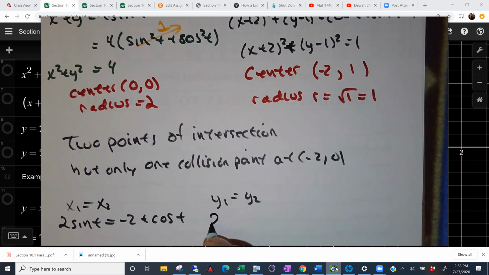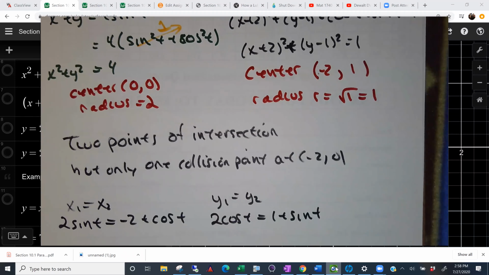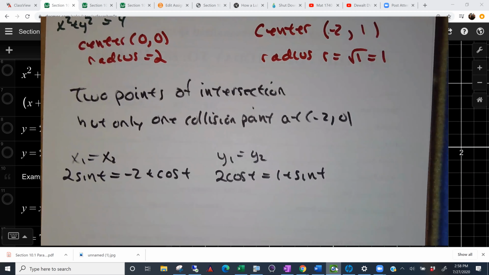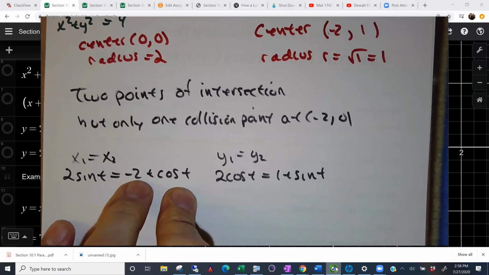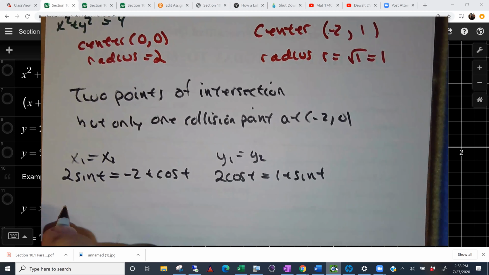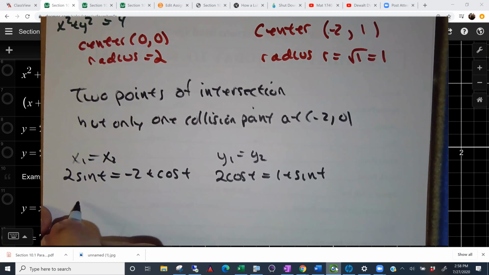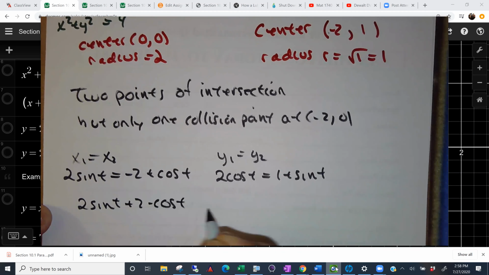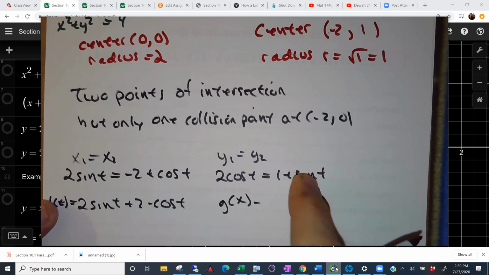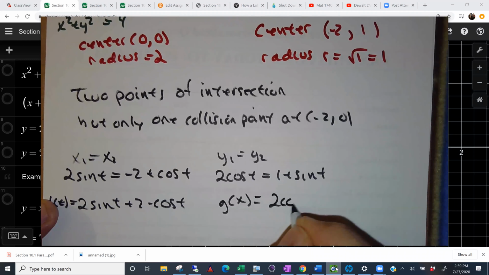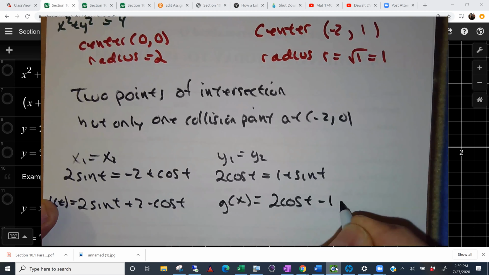So that's going to be 2 cosine of t equals 1 plus sine of t. Okay. Let me move all this to one side, and I'm going to create a new function. So it's going to be 2 sine of t plus 2 minus cosine of t. I'll call that, say, f of t. And this I'll call g of t. I'll move this to the other side. 2 cosine of t minus 1 minus sine of t.